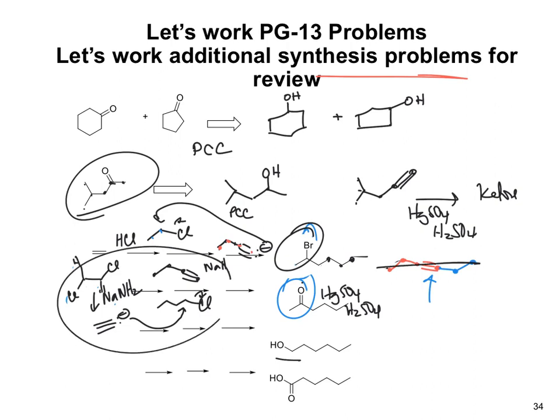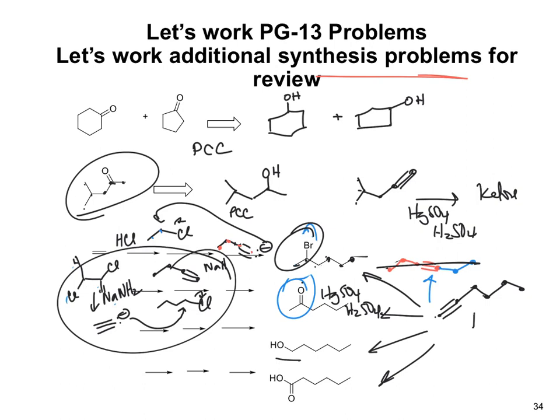So let's just do this and give you this precursor. And then how do you go to each one of these functional groups? If you get an alcohol, well, you could go to an alkene for each one of these.